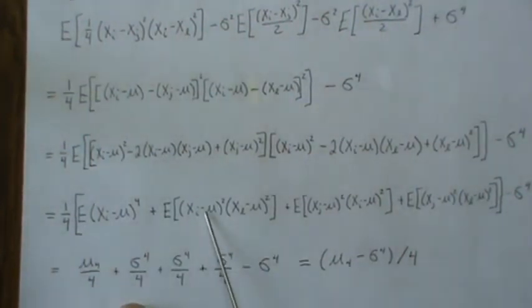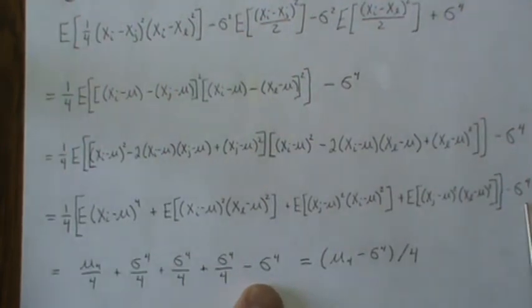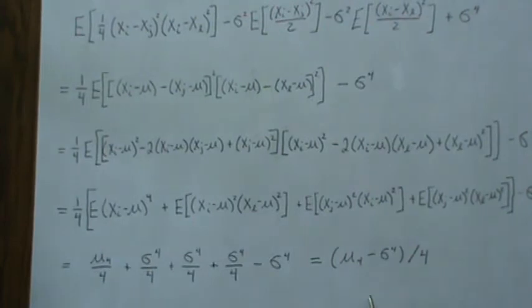So now the minus fourth comes down. So then this is just the mu 4 over 4. And then this is going to be sigma squared times sigma squared, sigma fourth over 4. Same way here, same way here. And then we have the minus out front. Then this can be combined into this. Okay. So now we need to know how many ways this constant will be added together.